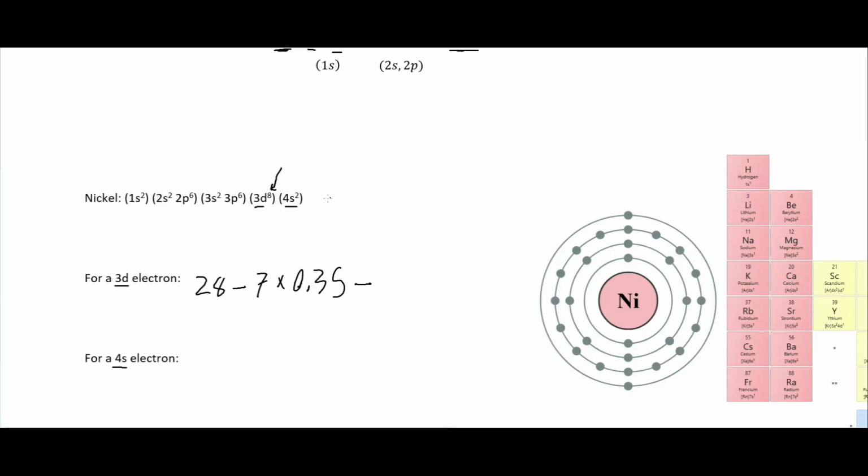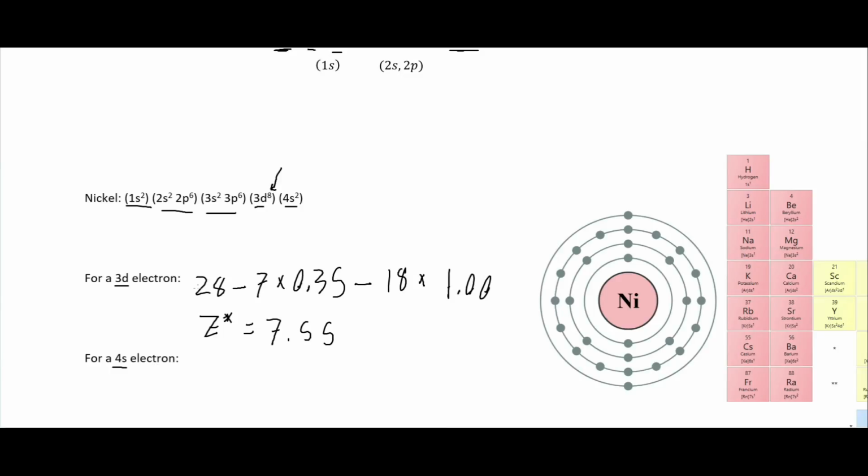There are 18 electrons in the lower group, 8 plus 8 is 16, 17, 18. So we have 18 times 1.00. What we end up getting for our Z star is 7.55. There are 28 protons, but this 3d electron is feeling a force equivalent to 7.55 protons.